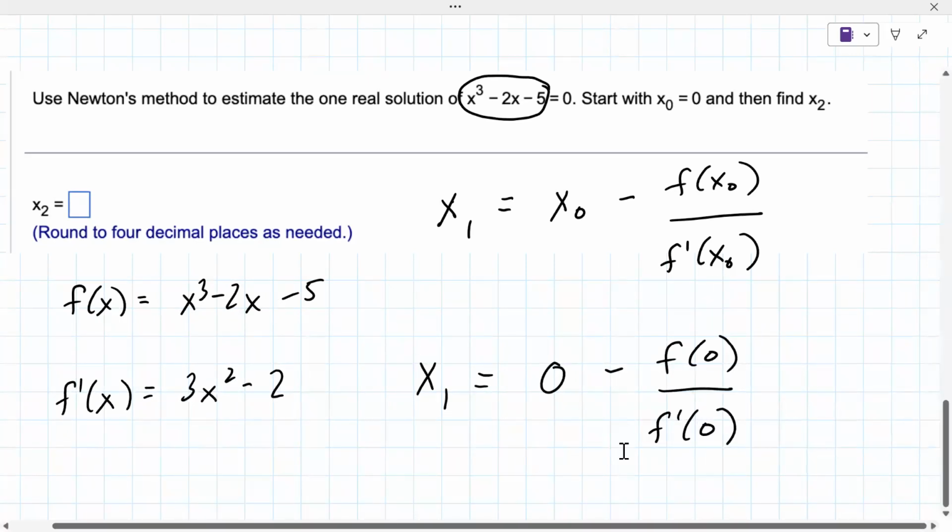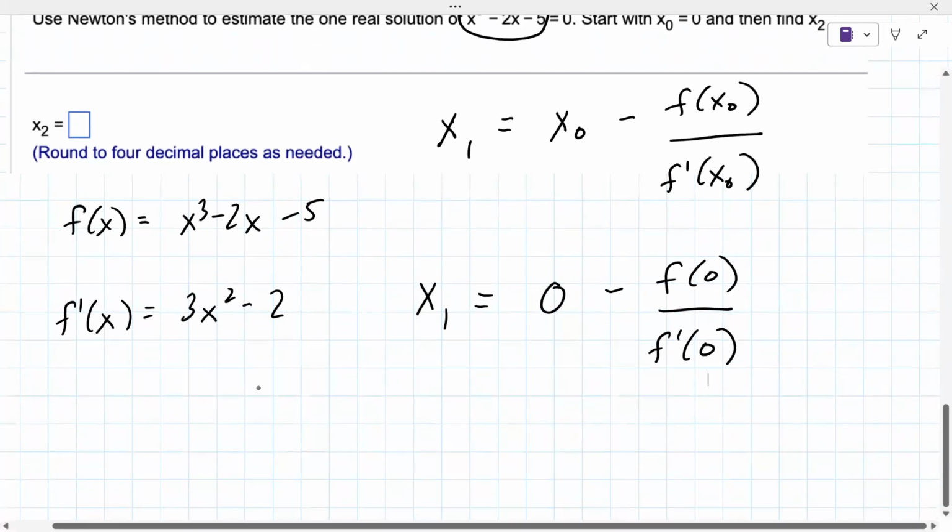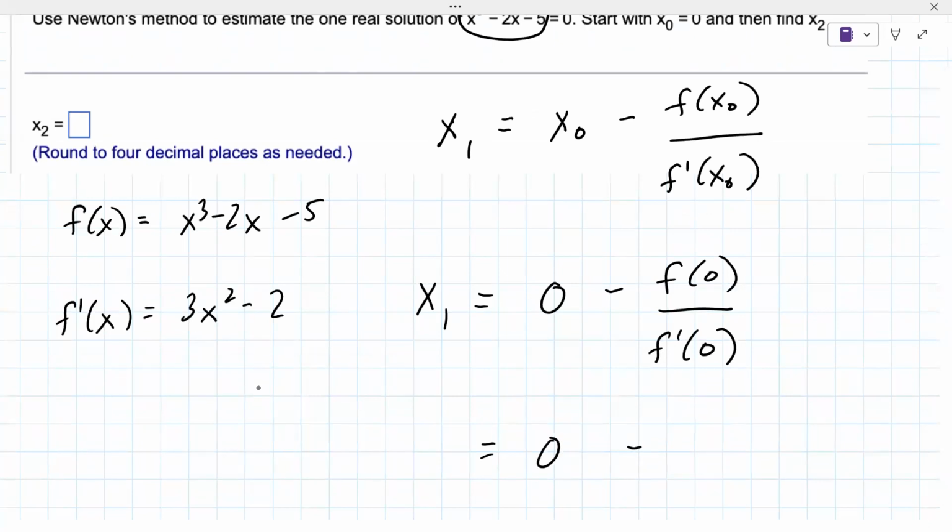A lot of zeros, but f of 0 is not 0. f of 0 is putting 0 in for x. It ends up being just minus 5. f prime of 0 is minus 2. So x1 ends up being 0 minus 5 over minus 2, which ends up being negative 5 over 2, or negative 2.5 if you want.